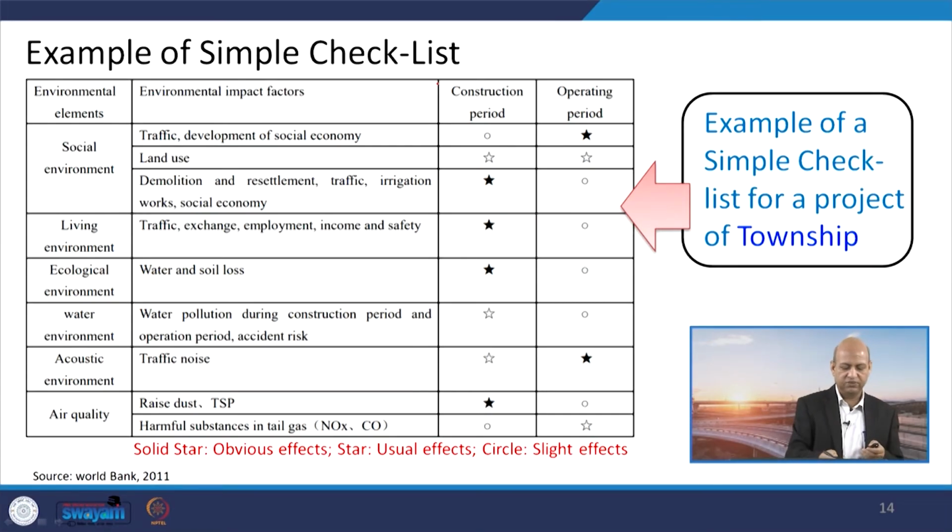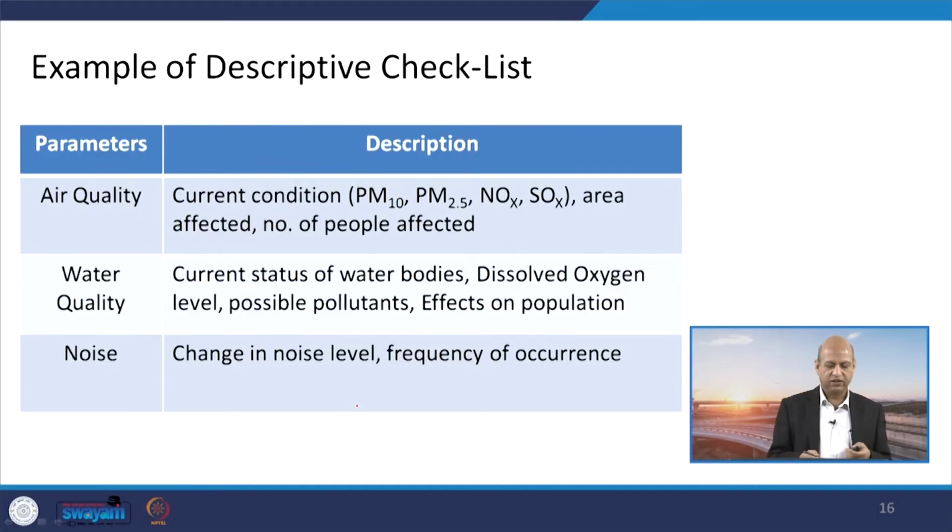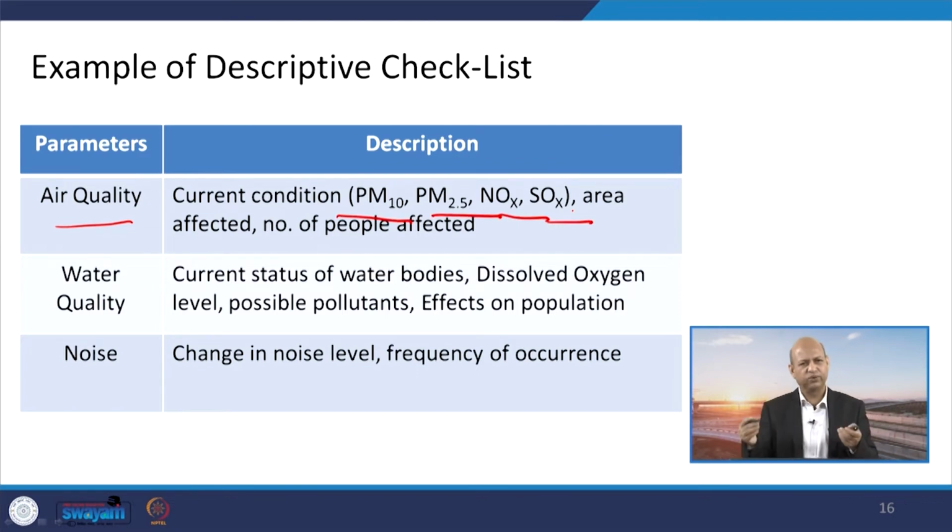These are like social, environmental, traffic, land use, water and soil loss, traffic noise, air quality, raised dust, those kinds of things are simple. In descriptive, you include some environmental factors and the measurement and impact prediction related information and the assessment. So, this is like air quality: PM10, PM2.5, NOx, SOx, you can go on depending upon what kind of activity you are looking into, how much area is affected, number of people affected.